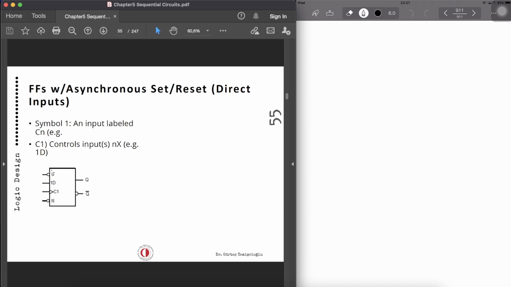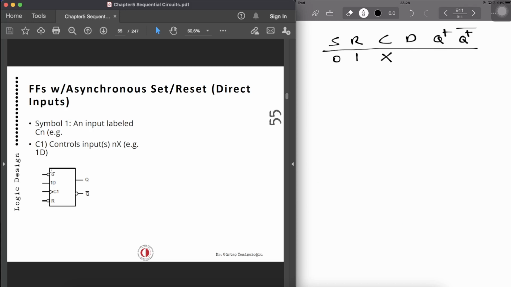So we can have, for example, an asynchronous set and reset table. If we can draw it again, we have got set, reset, clock, data input, Q plus, and Q plus inverse. Now what will happen with this? Let's say asynchronous ones first. S is 0, reset is 1.